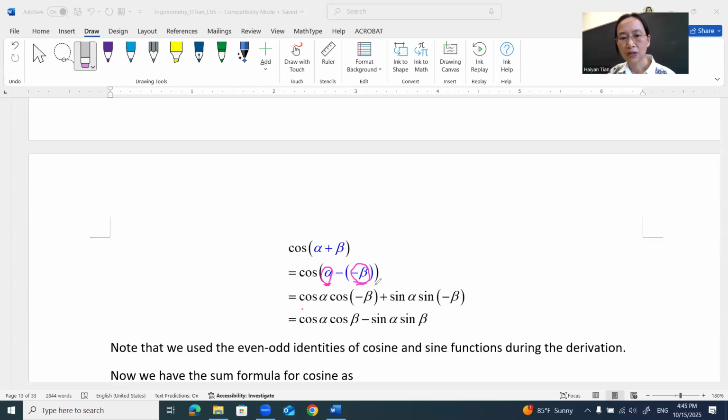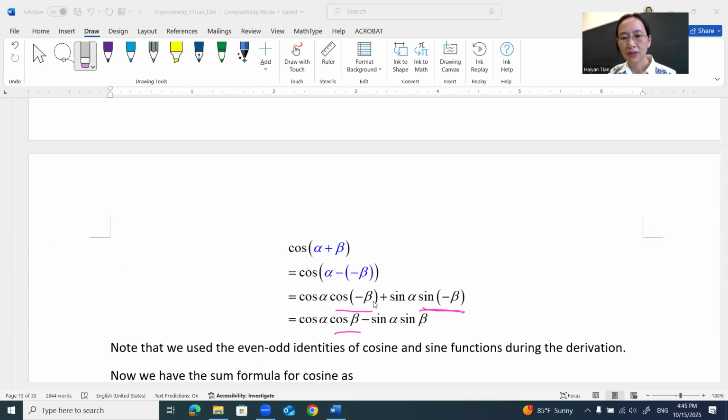So the difference of these 2 will be cosine first, cosine second, plus sine first, sine of the second angle. Now, the cosine of negative beta is the same as cosine beta because cosine is even. Sine negative beta is negative sine beta because sine is odd.